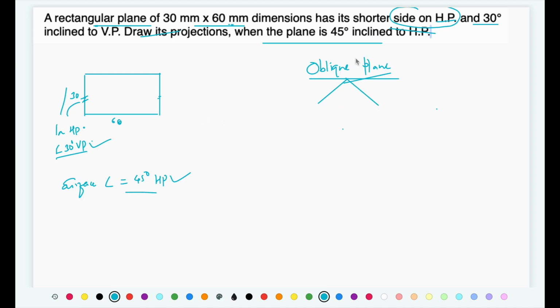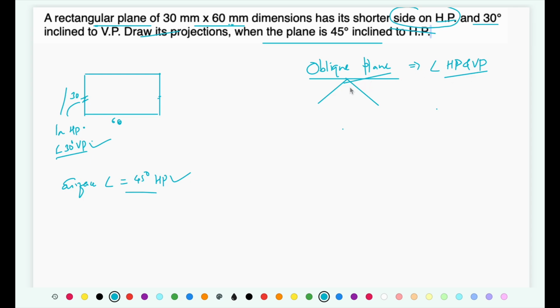We are saying that an oblique plane is nothing but a plane inclined to HP and VP simultaneously. But that inclination will be provided in some kind of wording, and from that wording you need to identify the inclination of the plane with HP and VP.